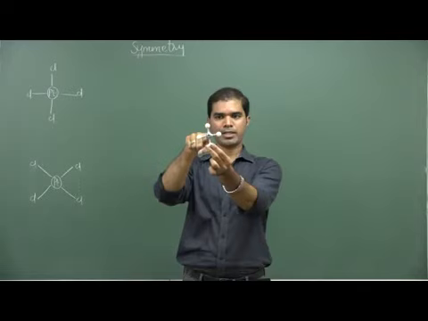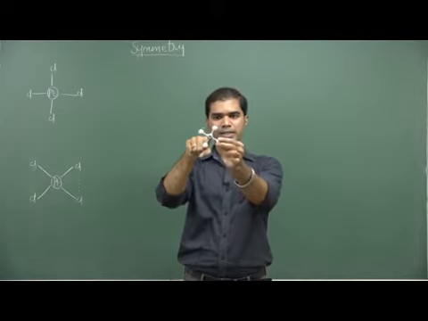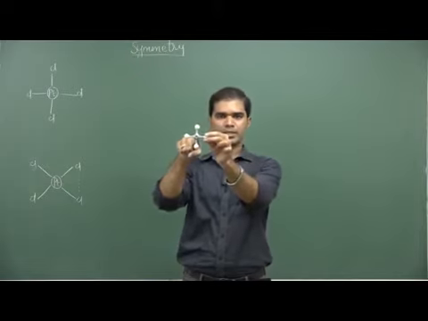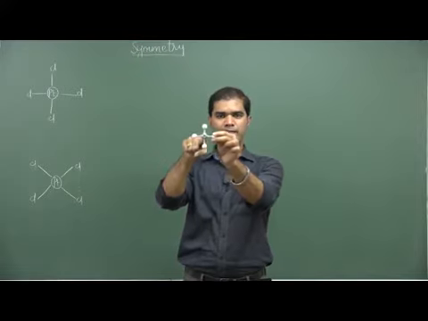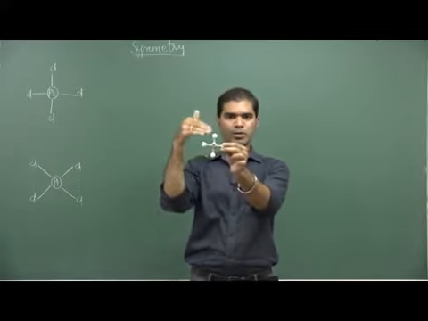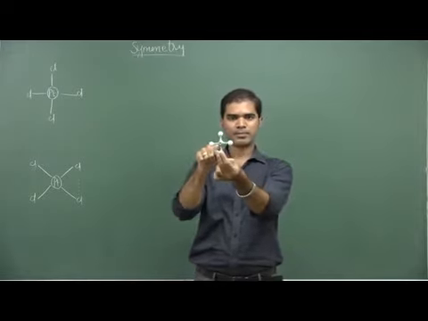Suppose I rotate by 10 degrees, 20, 30, or some 45, 50 degrees, I am not getting any equivalent structure. If I rotate by 90 degrees, then I am getting an equivalent structure. So I say that there is a rotational axis and I am rotating by 90 degrees, therefore I am calling it a C4. 360 degrees upon 90 becomes C4, a four-fold rotational axis.